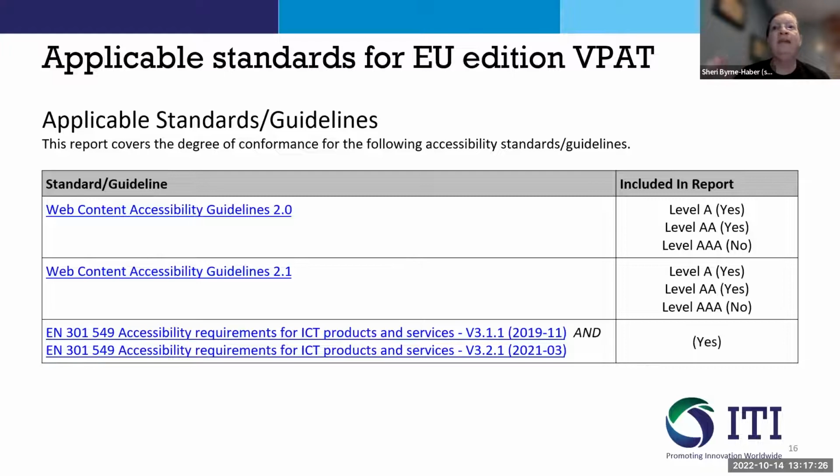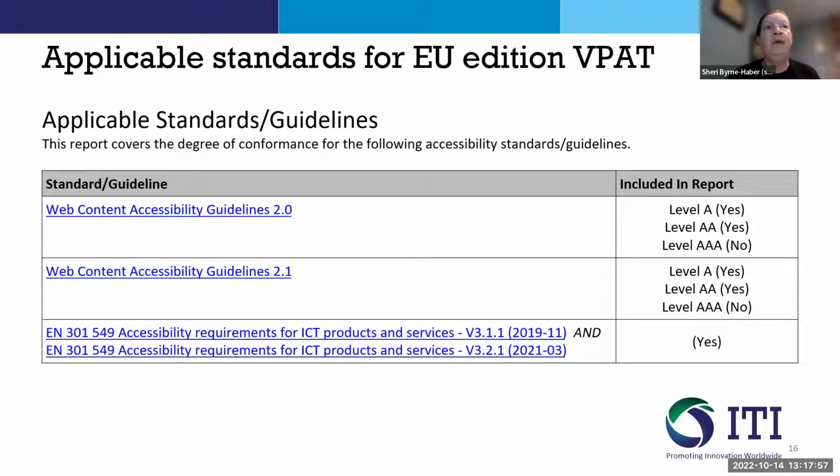And you will want to answer yes for either A or AA, depending on which one you're doing, for Web Content Accessibility Guidelines version 2.1, because EN 301549 is based on WCAG 2.1. And because WCAG 2.1 is inclusive of WCAG 2.0, you're also going to want to mark yes for A or AA. AAA, obviously, you'll mark yes if you've tested them, but that's less common.